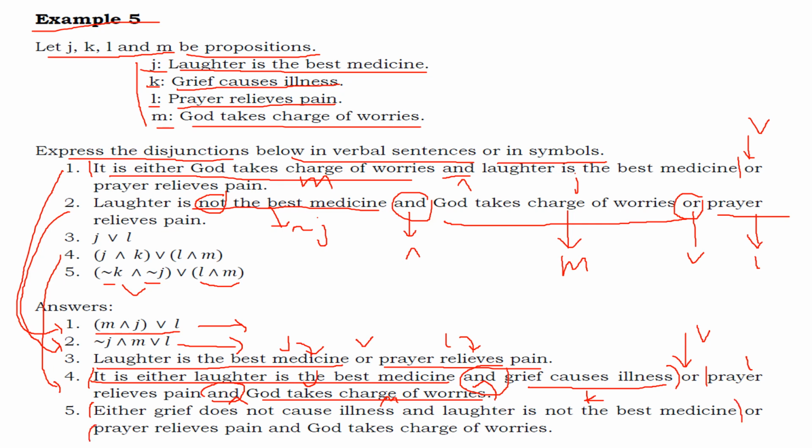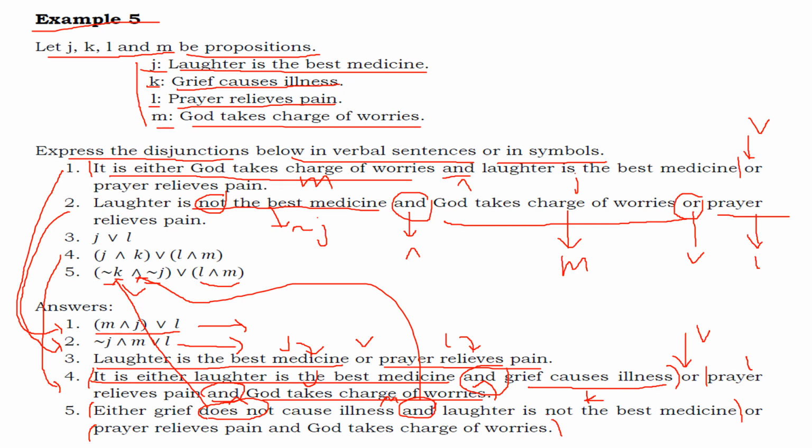So either grief does not. So we use "does not" here to represent your K, the negation of this one, "does not." And N will represent your conjunction here.